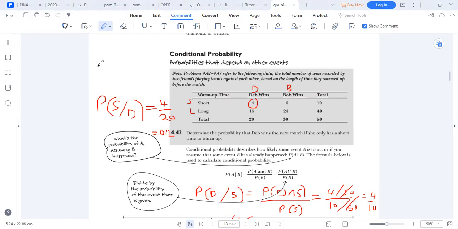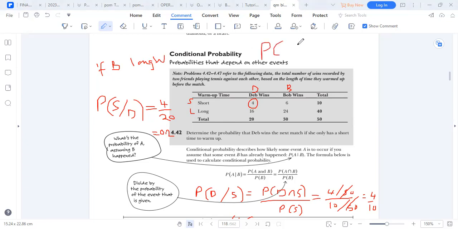If the question says if Bob won, what's the probability that the warm-up was long? Where the if is, the letter that precedes if is the one that will go down. So if Bob won, we calculate the probability that the warm-up was long.